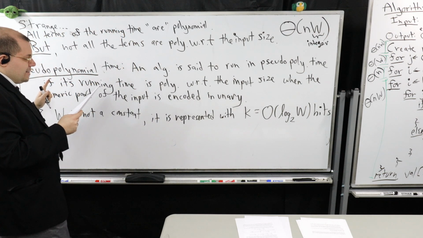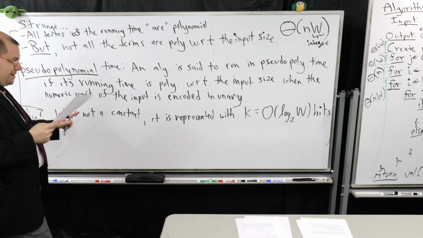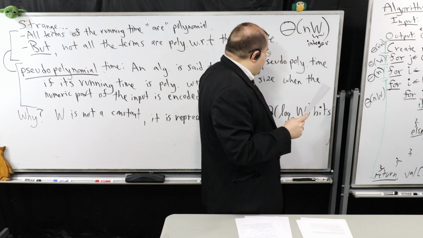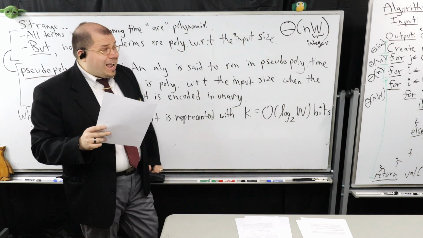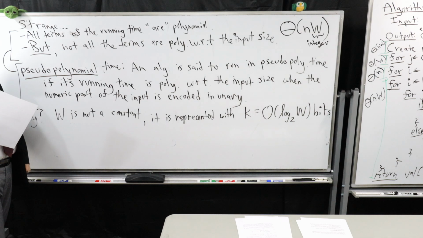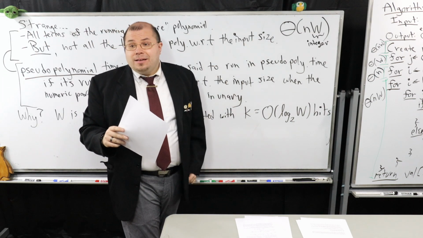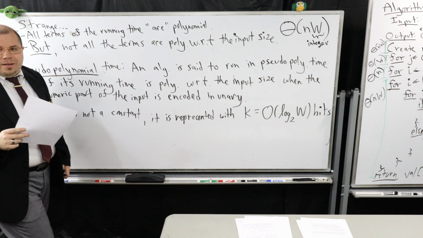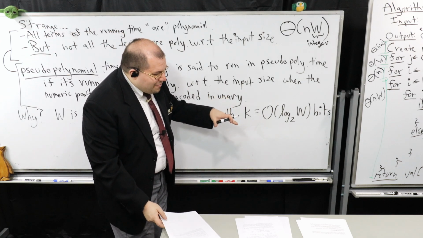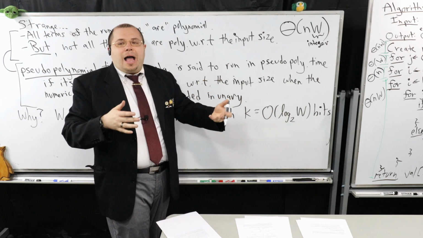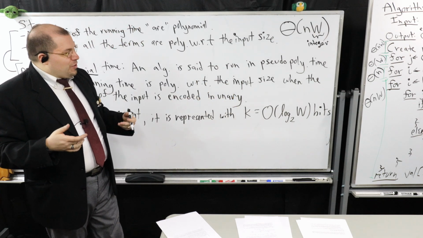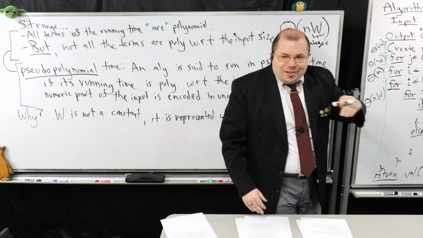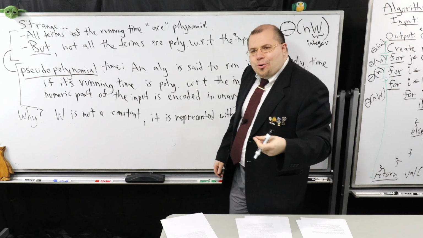But if you think about this, when I write capital W like this, and the input size of W is big O of log base 2 of W, what does that mean with respect to when you see W like that? If I have a logarithm of something versus the something, how much bigger is W versus log base 2 of W? Are they roughly linearly the same scale or proportion? Or is it much more?